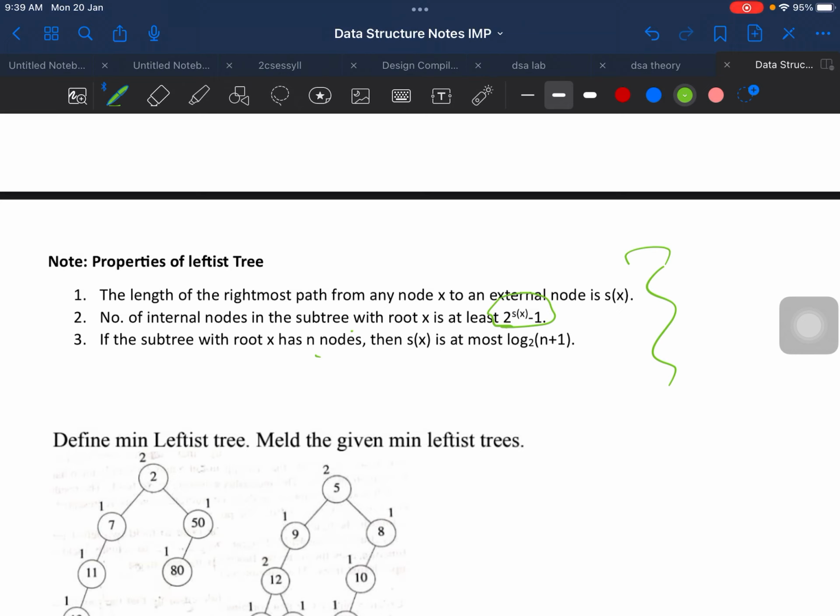You need not use them anywhere. But if they ask you a theoretical question, what is a leftist tree, you have to tell the definition and these properties. We basically do not use these properties in our examination, but in competitive examinations, for calculating these S values directly, these formulas are very important.